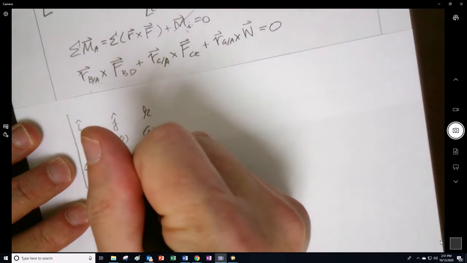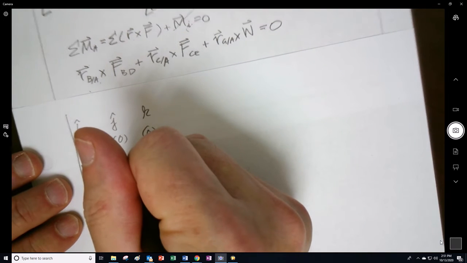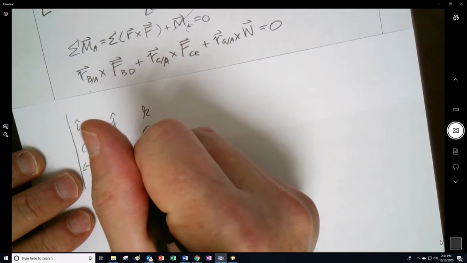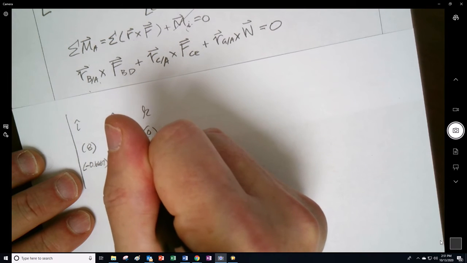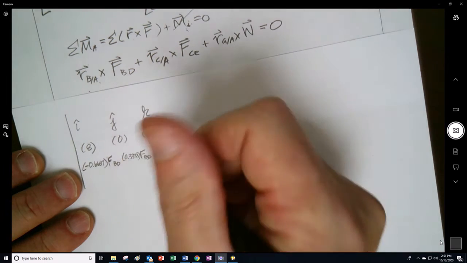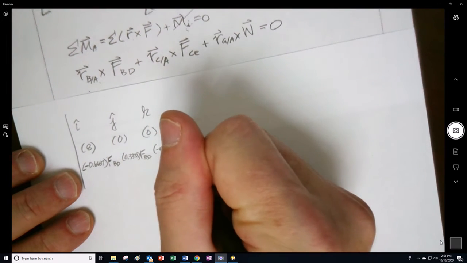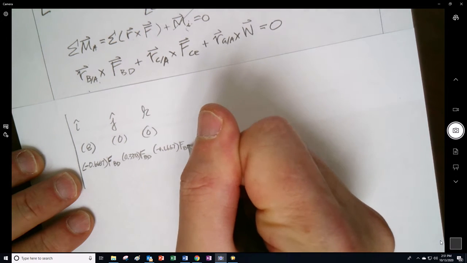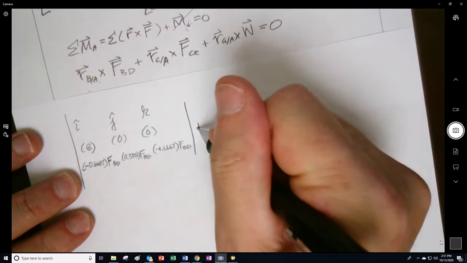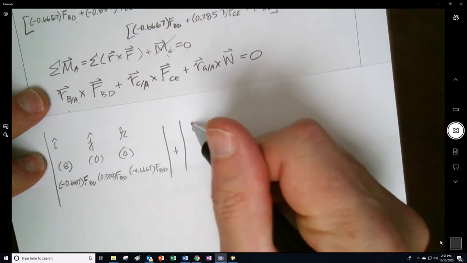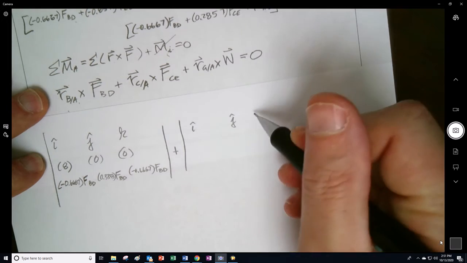FBD, and then 0.3333, I should have left room, and then negative 0.6667 FBD. Now I got to do this one right here, i, j, k.